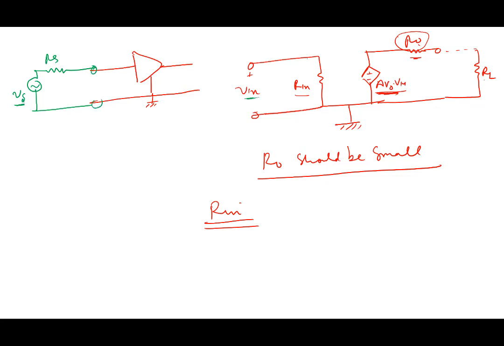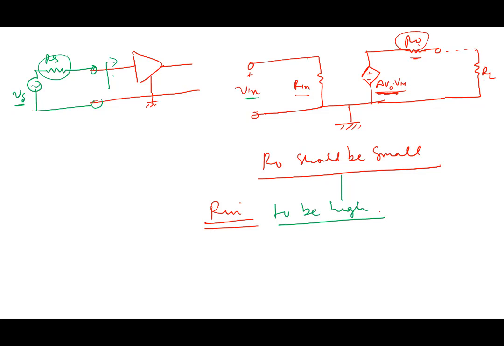Then only it will get amplified. I don't want it to drop across RS. This will only happen if the resistance looking from here is much larger than RS. So you want Rn to be high.